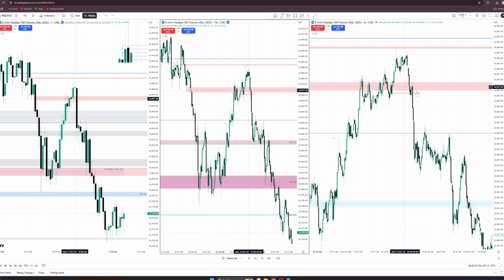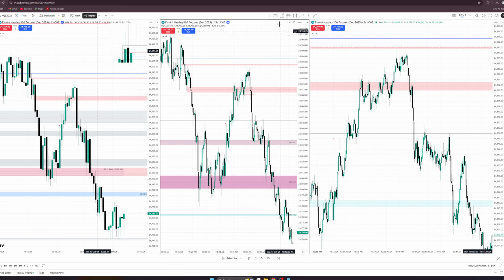Even on a 5-second chart, the bodies of the candle never went above this bearish fair value gap and started breaking down. So once we closed below this balanced price range and closed below this swing low, you could have entered on this candle.